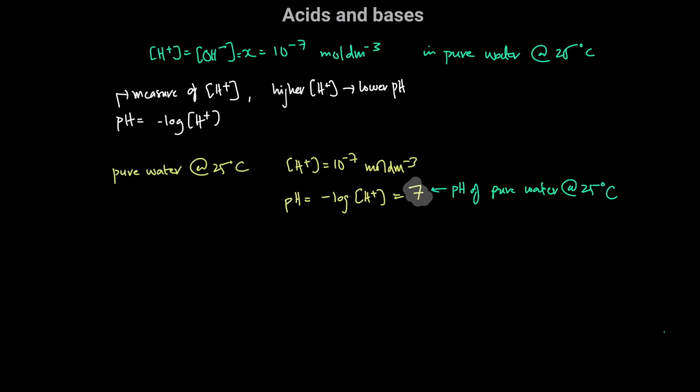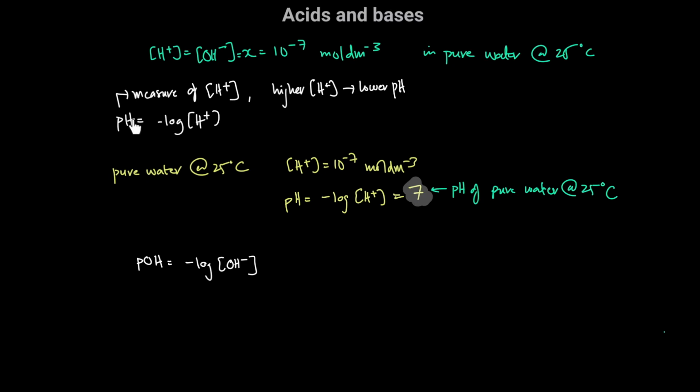Similarly, when we talk about pure water at 25 degrees Celsius, the pOH is equal to the minus log to the base 10 of the concentration of OH minus ions. Again, this little p simply means the minus log of something.